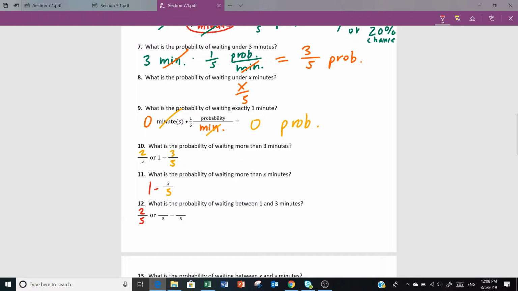Number 13. I think we can rewrite it with the 1 and the 3. When I say rewrite it, somehow incorporate the 1 and the 3 in it.